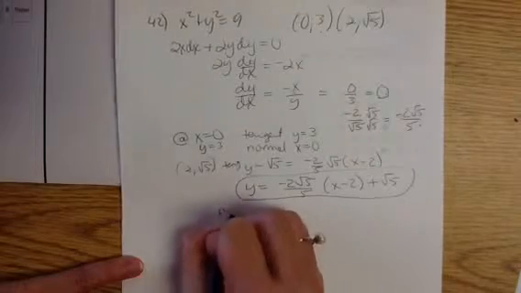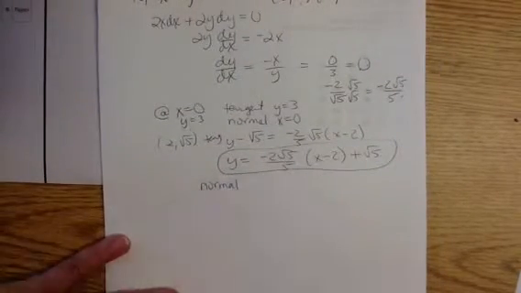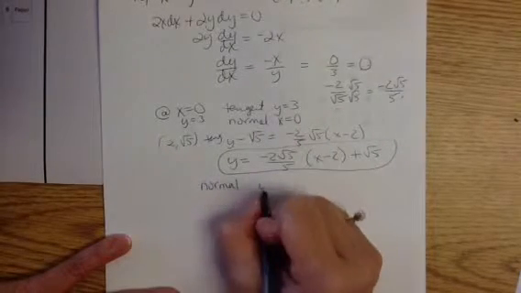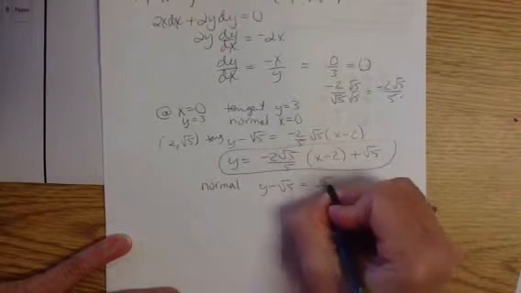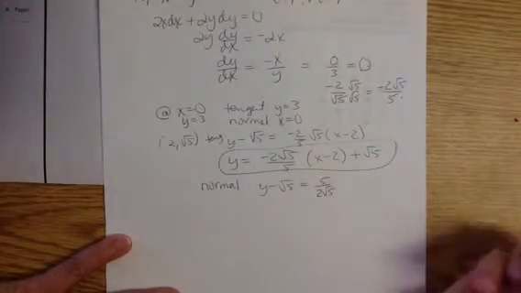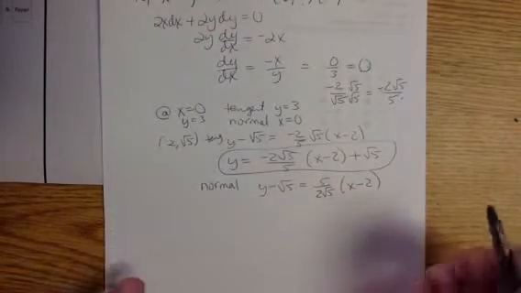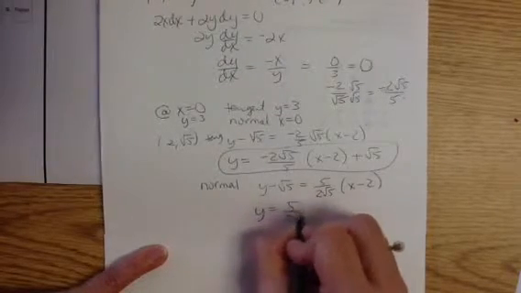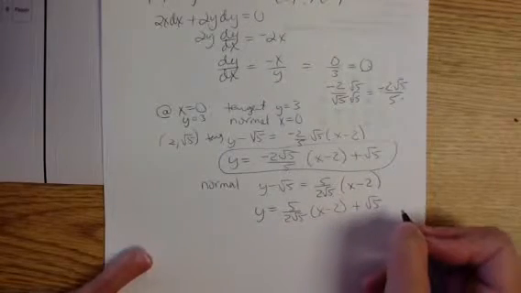To find the normal line, I'm going to take the opposite reciprocal, and I'm going to use the same point. So y minus the square root of 5, opposite reciprocal, and x minus 2. So now I'm going to put in 5 over 2 square root of 5 x minus 2 plus the square root of 5.